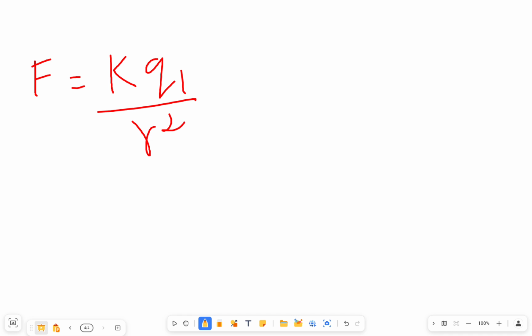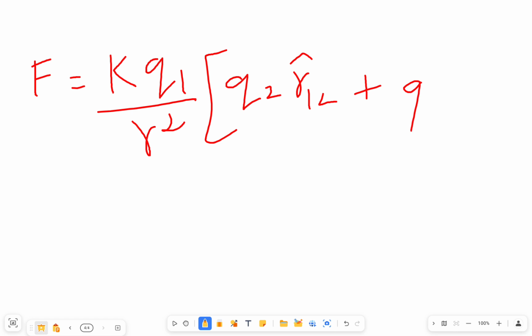We can simplify it as force equal to K of Q1 by R square, Q2 R12 cap plus Q3 R13 cap. Sorry, I made a mistake here.